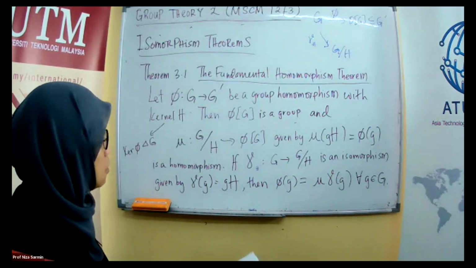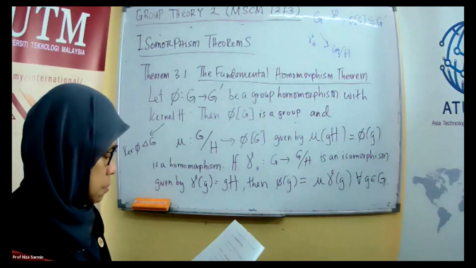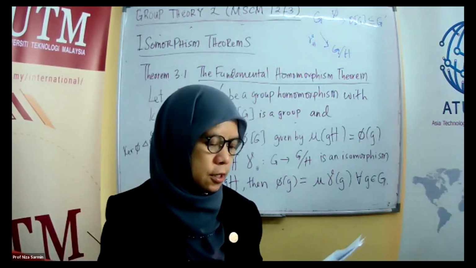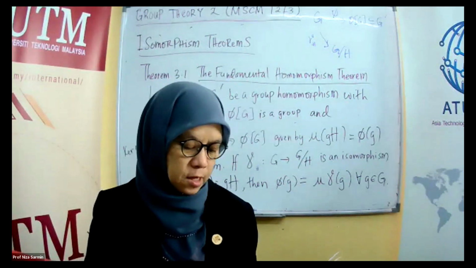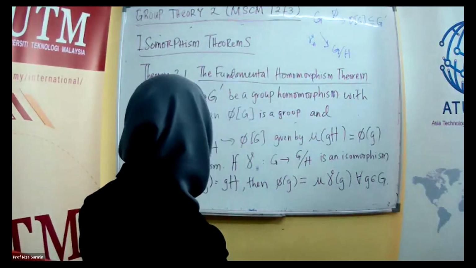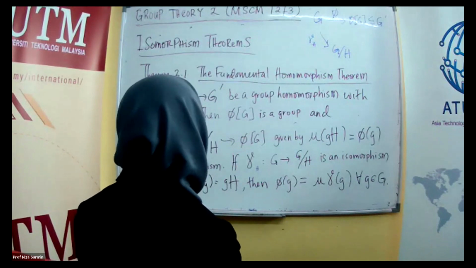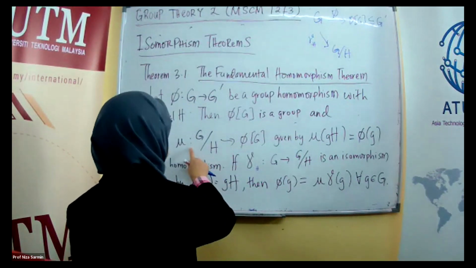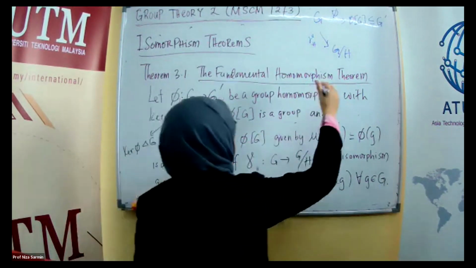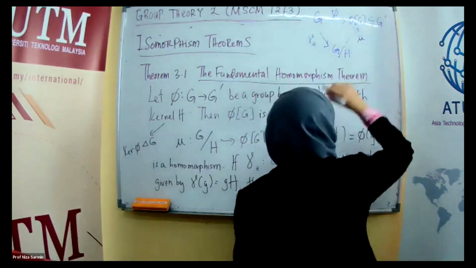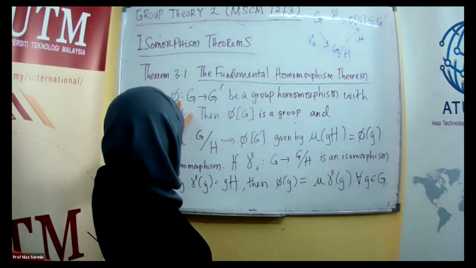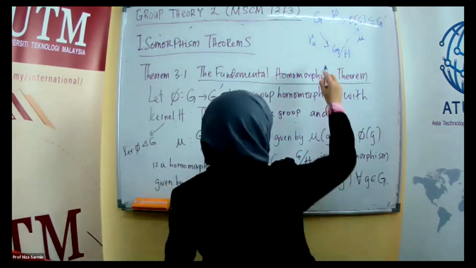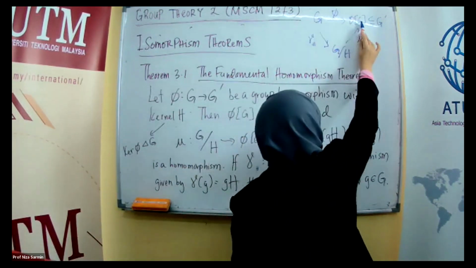And this natural homomorphism is a natural isomorphism. So this is the isomorphism. Okay. Then my mu is from here to here. Okay. So now we start with phi from G to G prime.